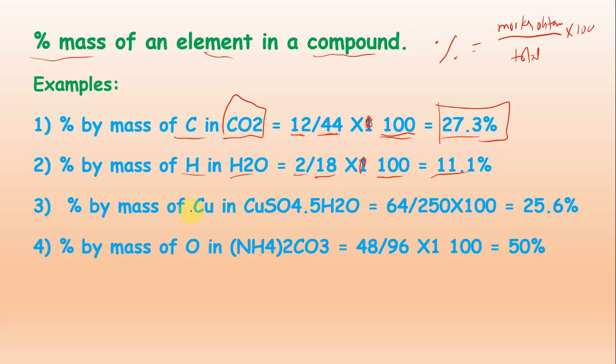Now percentage of copper in hydrated copper sulfate, CuSO4·5H2O. What is the mass of copper? That is 64. And what is the mass of the hydrated copper sulfate? That is 250, and then multiply by 100, that will be 25.6 percentage.